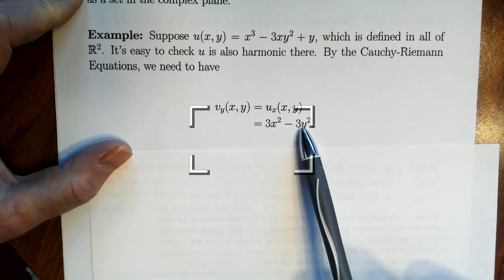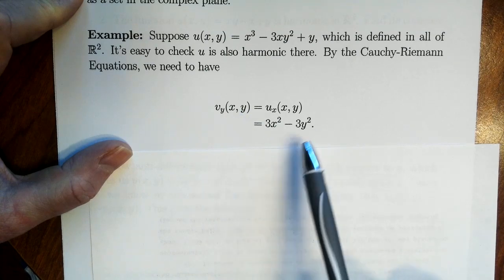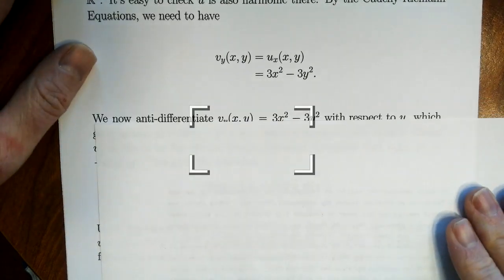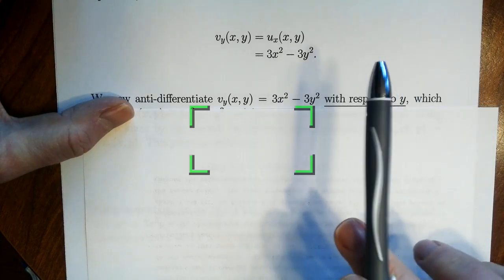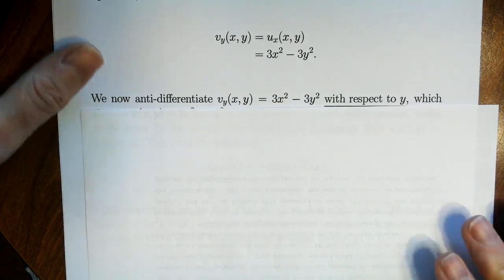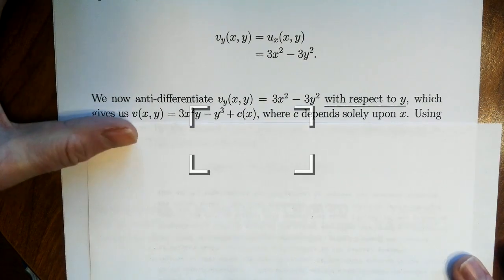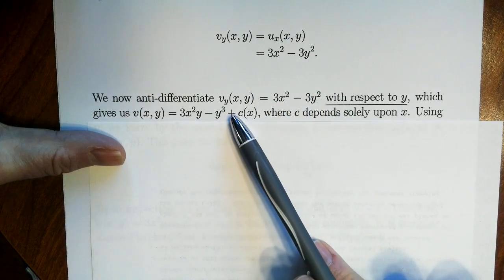Now again, we're trying to figure out what v is. So the natural thing is to anti-differentiate this with respect to y. The antiderivative of 3x squared with respect to y would be 3x squared y. The antiderivative of 3y squared would be y to the third.